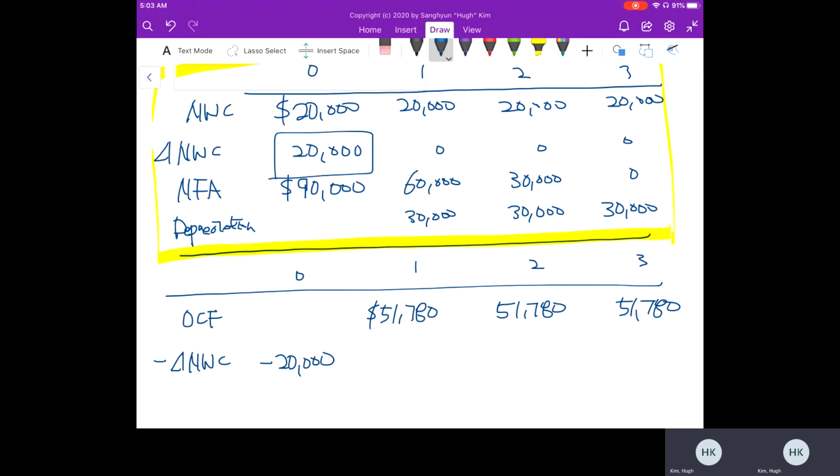And then there's nothing going on afterwards, so it's 0, 0. But at the end of the project, we can recover this net working capital. So the $20,000 that has been tied up in the project can be freed up when it's over. We're going to assume that we can get 100% of it back. So there will be a cash inflow of $20,000.